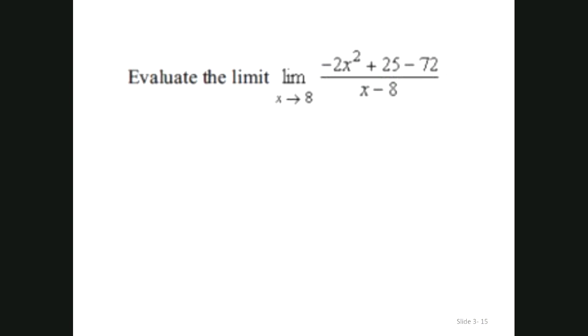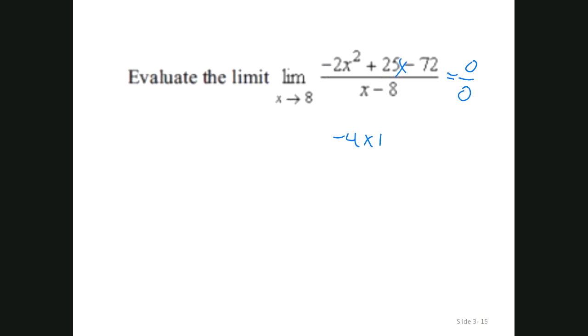How about this one? If you put 8 in here, I'm assuming you're going to get 0 over 0, right? Because you're going to get a 0 down here. So then take the derivative, so that's negative 4x. Oh, I think this is supposed to be an x here. I'm almost positive.